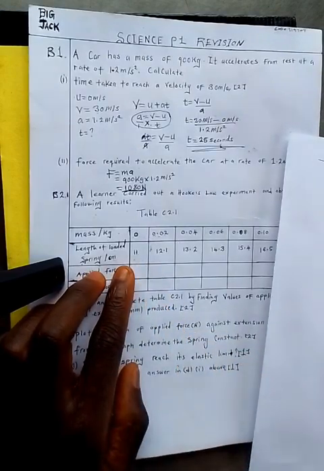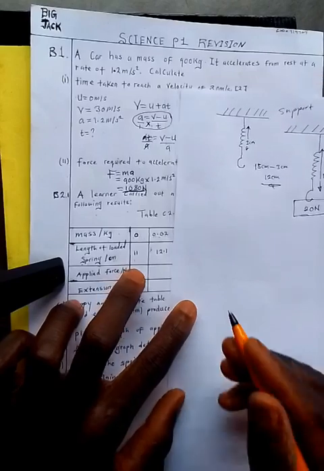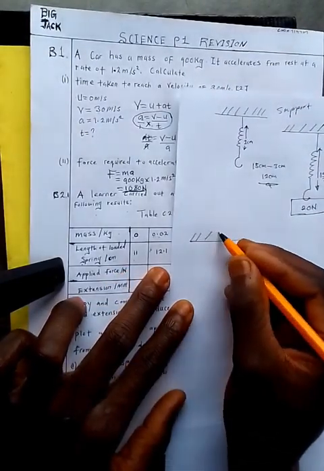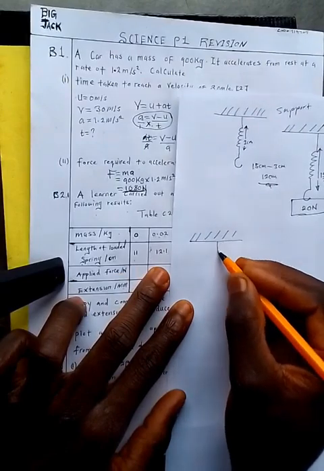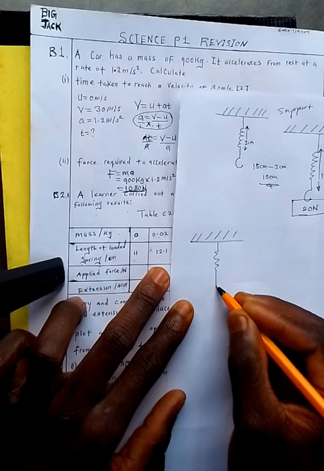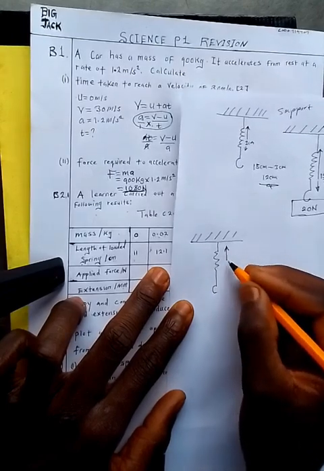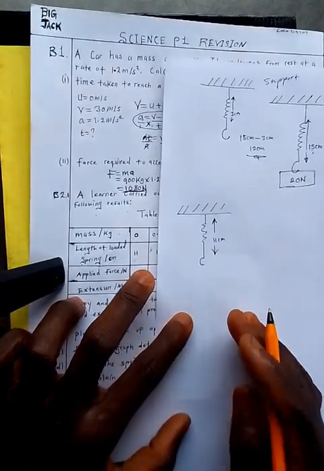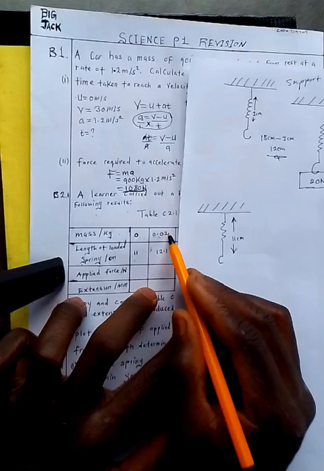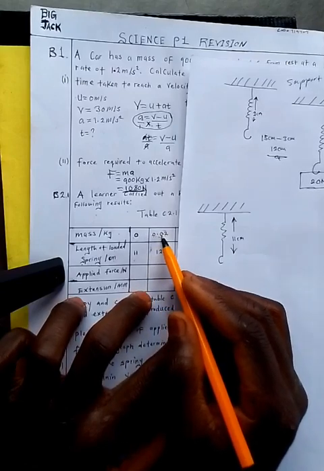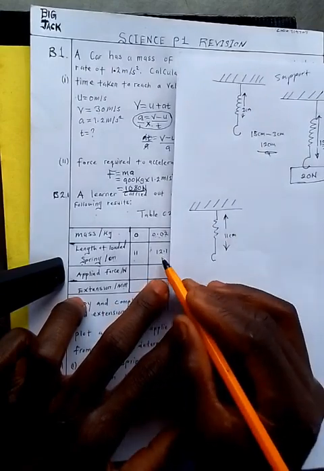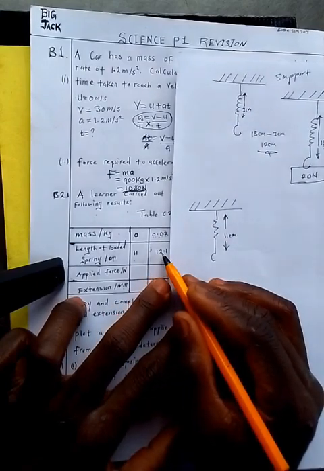So let's do an experiment here also. First, the spring has nothing on it, and the spring reads 11 centimeters. Then afterward, after putting 0.02 kgs of mass, the spring extended up to 12.1.